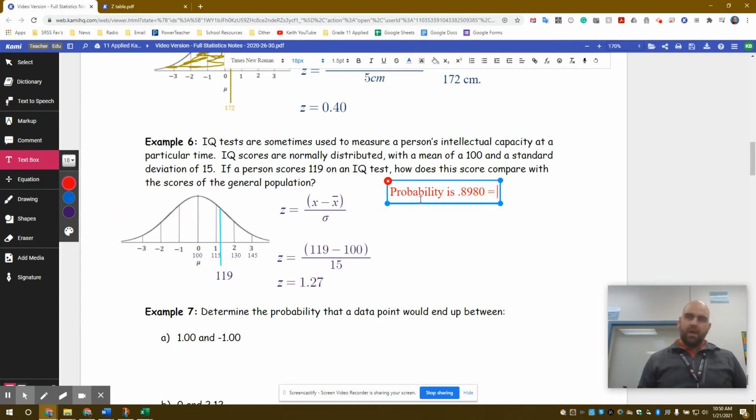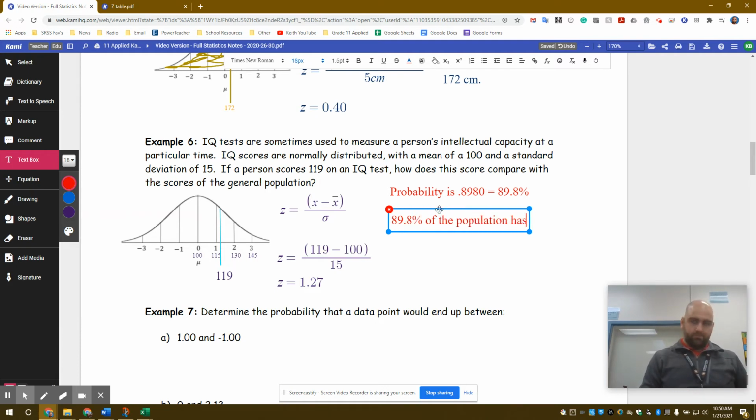There's our probability, and that equals 89.8%. Therefore, we can say that 89.8% of the population has an IQ of less than 119.